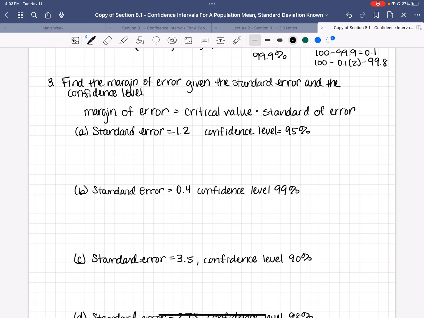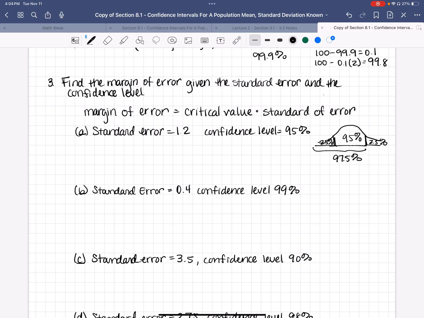Okay, so here's what I have. My confidence level, this chunk in the middle, is 95%. Okay, that means there's 5% missing. That means this is 2.5%, and this is 2.5%. That means this whole thing right here is 97.5%.